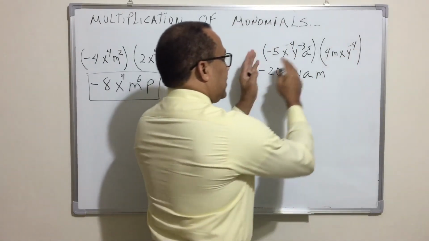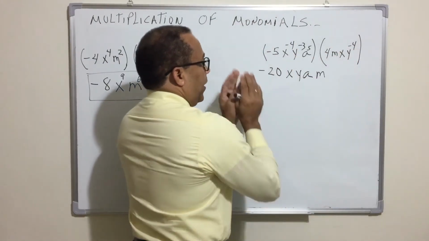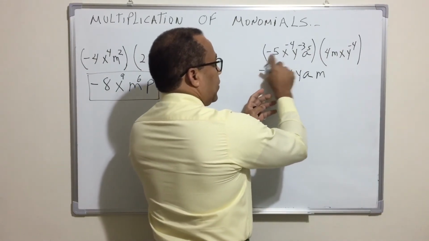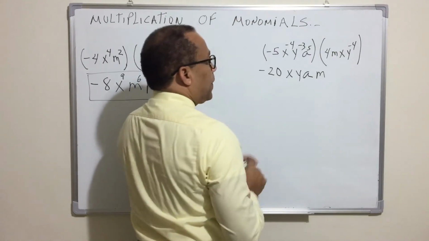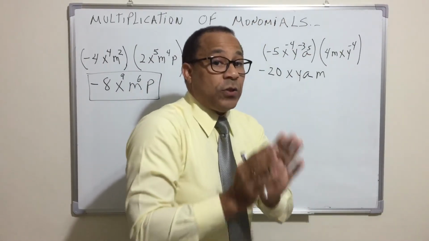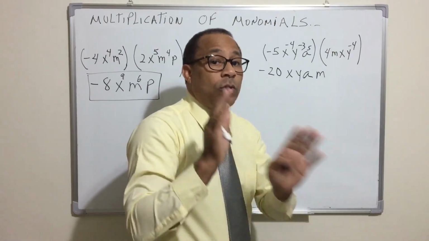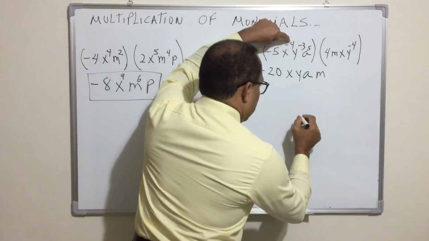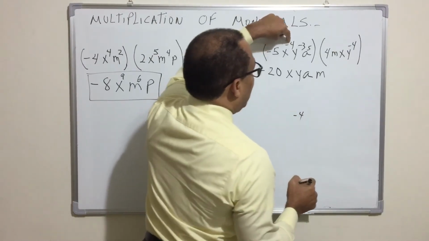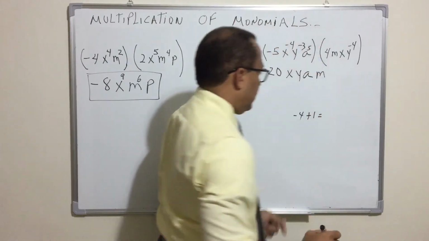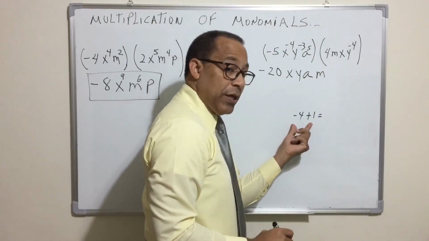Again, this is a multiplication of monomials. It's a multiplication because I multiply the coefficients. Here it is: negative 5 times 4 is negative 20. But the exponents, you add them or subtract them depending on what the signs say. So here I have negative 4 and I have a positive 1. Negative 4 plus 1.